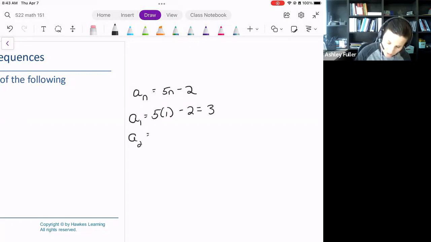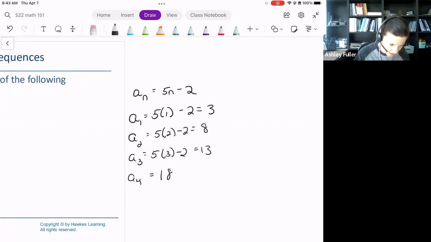A sub 2, we're going to do 5 times 2 minus 2, which gives us 8. A sub 3, we're going to do 5 times 3 minus 2, which gives us 13. And if you continue that calculation, you get a sub 4 is 18, and a sub 5 is 23.